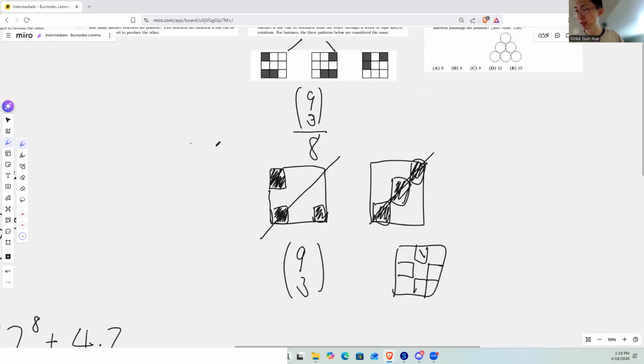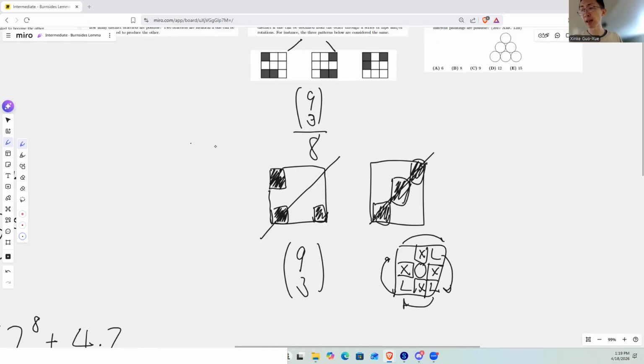So these must be the same. The center is sent to itself. This corner gets sent to this corner gets sent to this corner gets sent to this, and this corner gets sent to this. So the corners have to be the same.